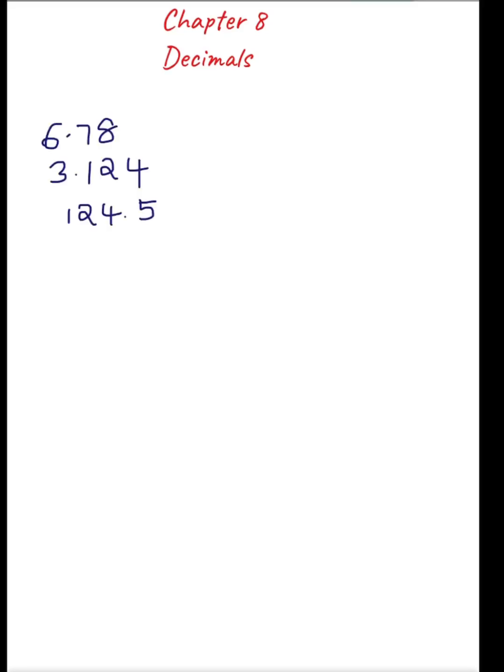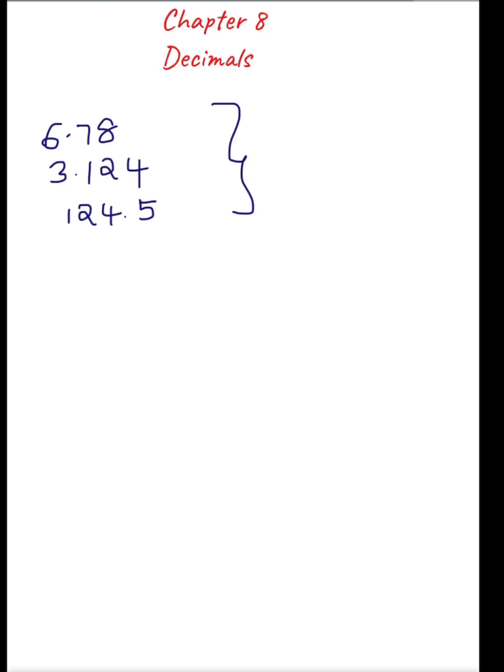Before moving on to the topic, let's discuss what you mean by decimals. For that, let's take some examples. So these are the numbers. What do you understand from these numbers? You can see that all these numbers have got a point in between.